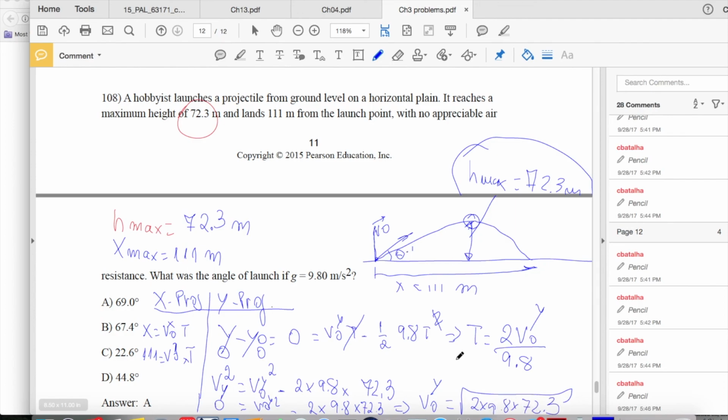Essentially, I added to both sides of the equation 2 times 9.8 times 72.3, and I took the square root of it, which enabled me to calculate v naught y. Once I calculate this v naught y, I can plug it in here and find t. And once I have t, I can plug it in here and find v naught x.